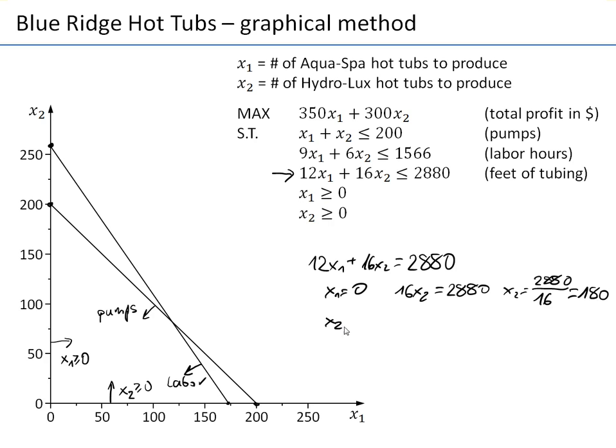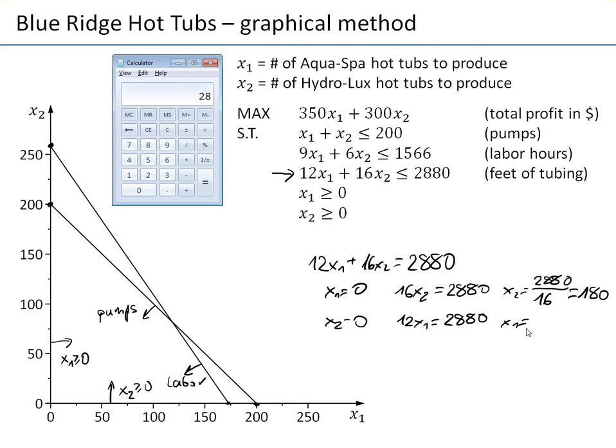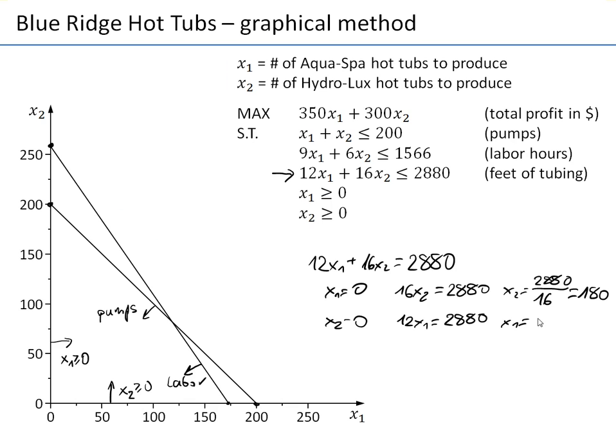And if x2 is equal to 0, then I'll have 12x1 equals 2880, and that gives me x1 equal to 2880 over 12. That's x1 equal to 240. So the first point is 0, 180, and the second point is 240, 0, right?